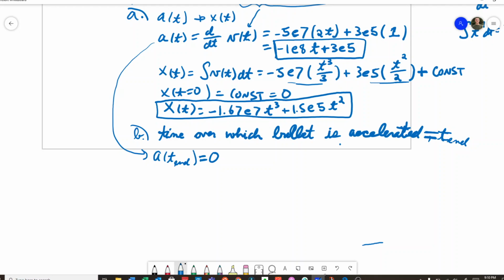So I can plug t end into this equation that I have here, so I have minus 1e8 times t end plus 3e5. And I know that a at t equals t end is going to be 0, so I can then solve for t end. So just very quickly then, subtract 3e5 from both sides.